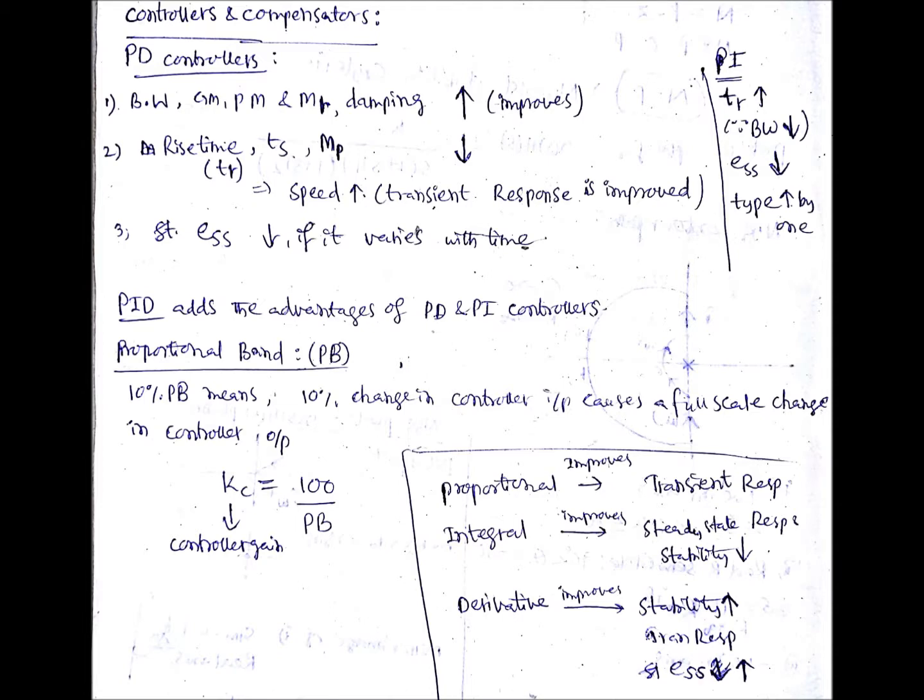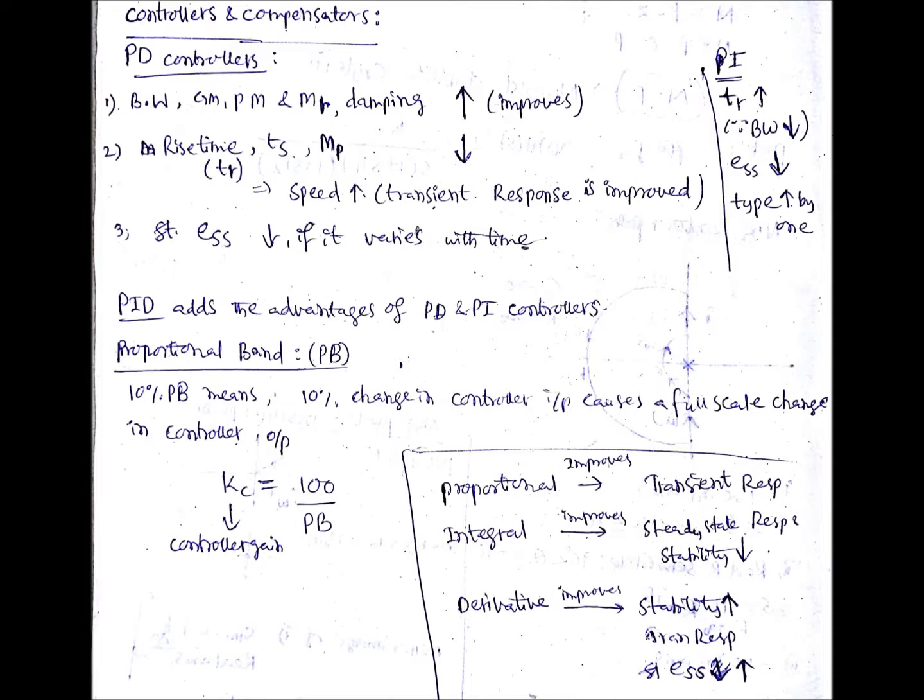It means it is increasing the speed of the response. Decreasing the rise time means increasing the speed of the response, right? Speed and time are obviously inversely proportional. So speed increasing means the transient response is improved, because the rise time is the time before steady state, that means during the transient only.